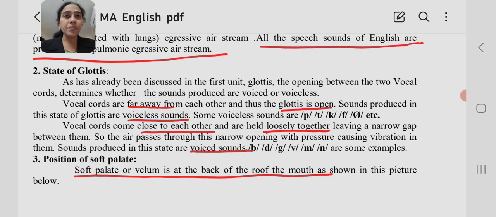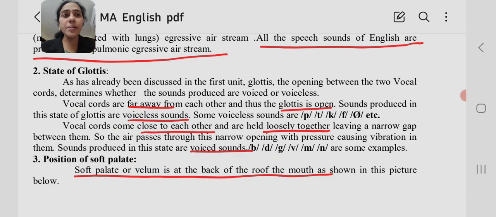Remember like this: vocal cords, which are oval in shape in yesterday's diagram, if they are away, the glottis is open, and the sounds produced are voiceless. Say with me, p, t, k, f, t.